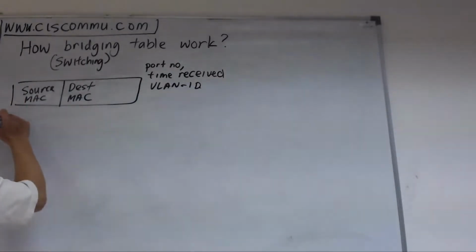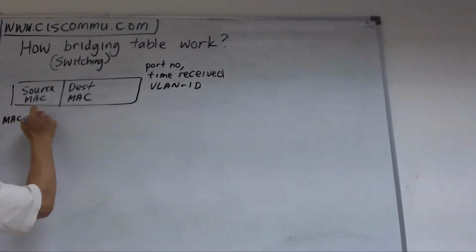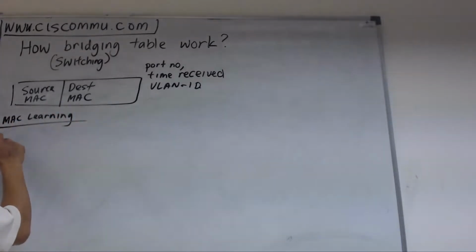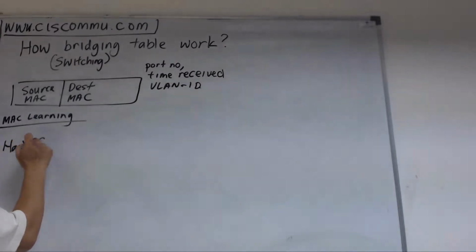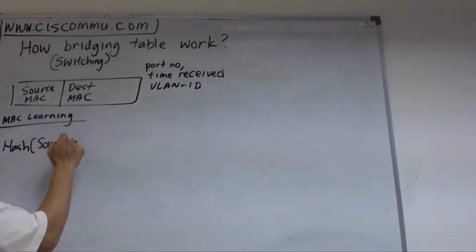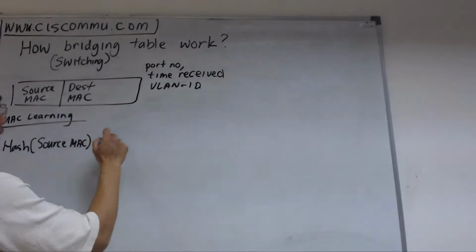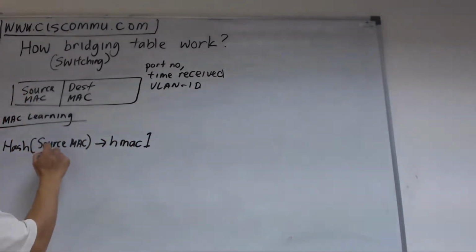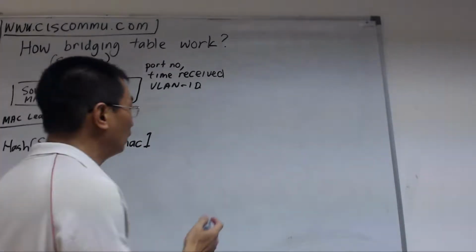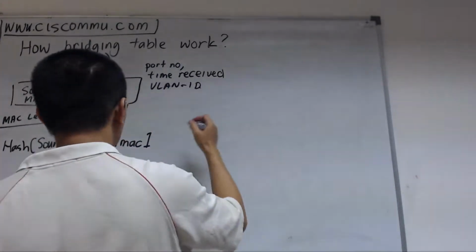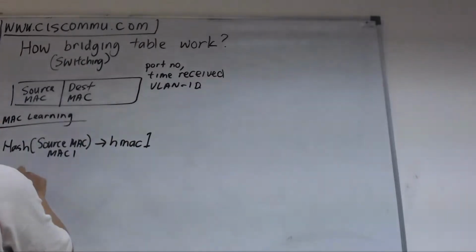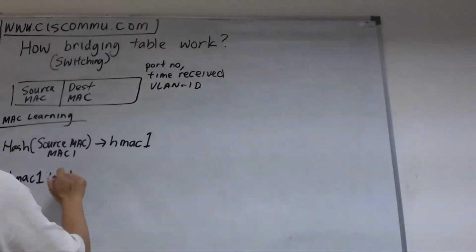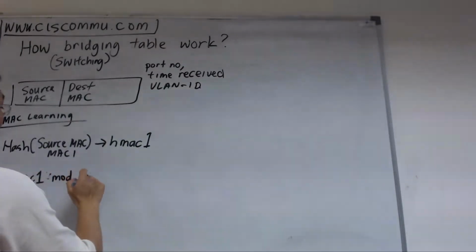So during the MAC learning process, the switch will take the source MAC address and hash it, and you get a hash of the MAC address. Let's say this is MAC 1. Then it takes the value of the hash and mods it with 1000.